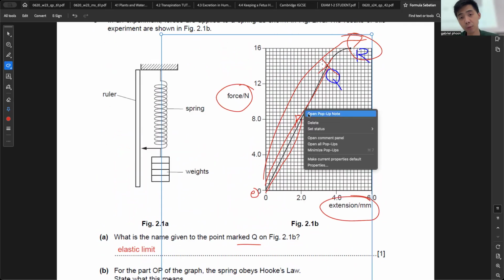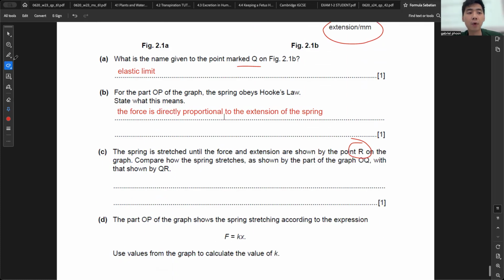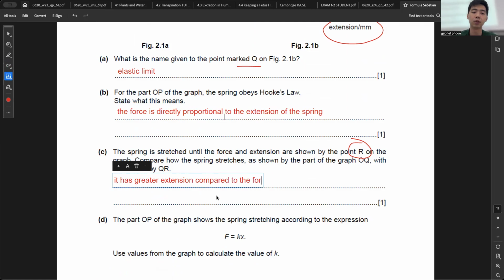As long as it obeys Hooke's law, which is anywhere from O to Q, the force and extension are directly proportional, but once you reach QR, the extension becomes greater than the force exerted. You see this graph starting to tilt towards the extension side instead of the force side. So your answer for 1 mark should mention that it has greater extension compared to the force exerted on it.